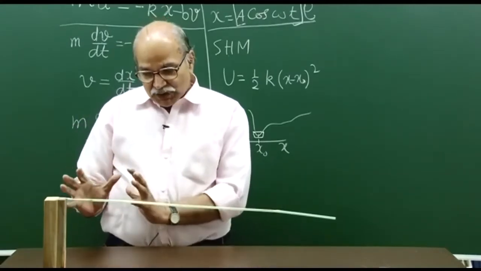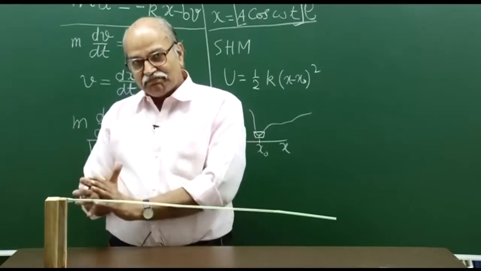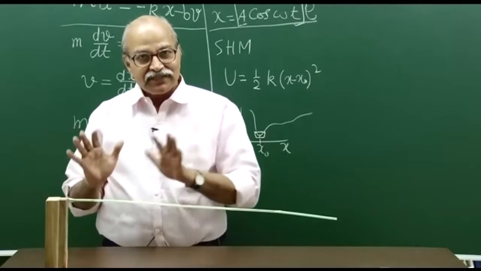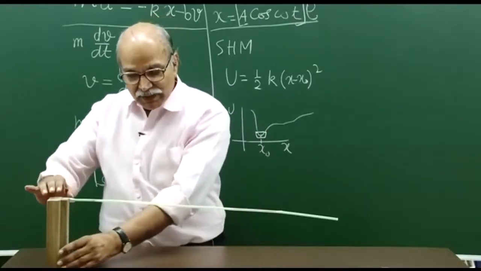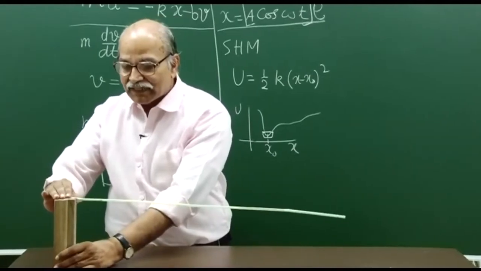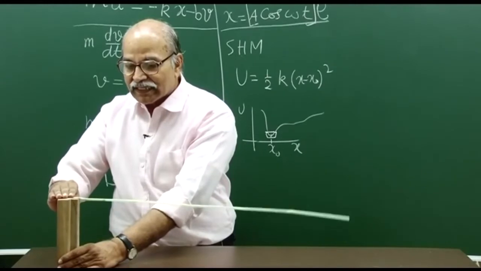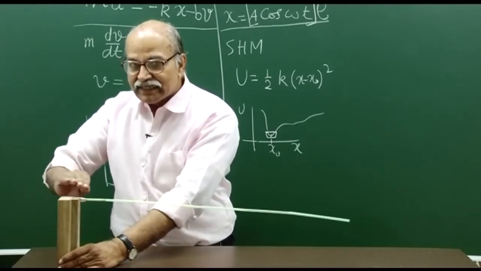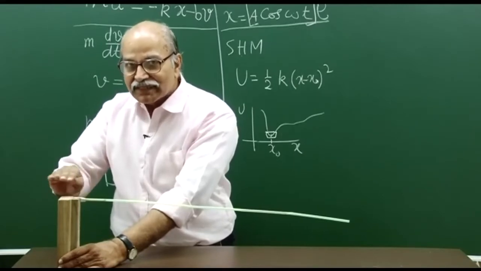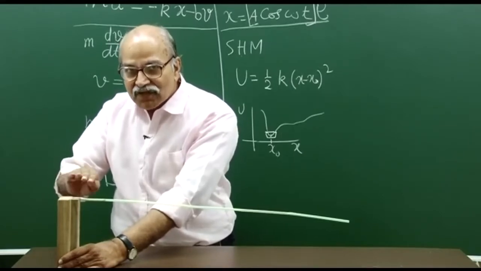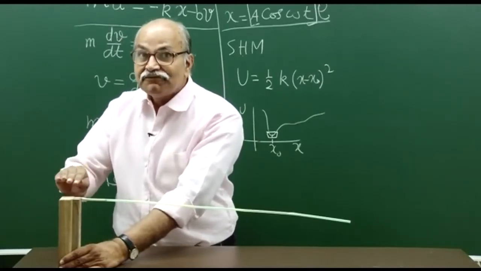Now, what I want to do is apply an external periodic force on this oscillating system. For that I will hold it here and give a small angular motion to this block, and by adjusting the way I am pushing this block this side and that side, I will try to make that force periodic with a certain frequency.